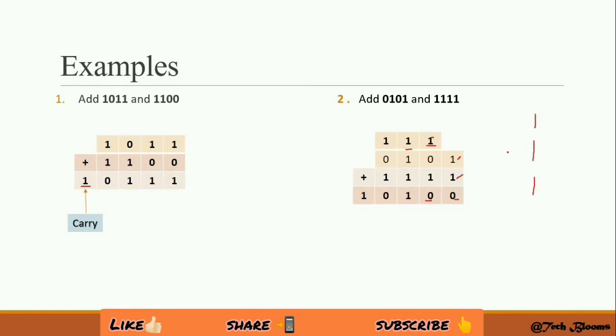First we add the two digits: 1 plus 1 gives 0 carry 1. Add again 1 to that, which gives 1 carry 1 again. So a carry is generated again and 1 is the sum here. Now again, 1 plus 0 gives 1, then 1 plus 1 equals 0 carry 1, so your carry has been generated. So this is how we perform binary addition. These are the carries which were there.